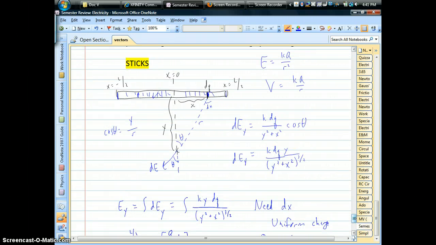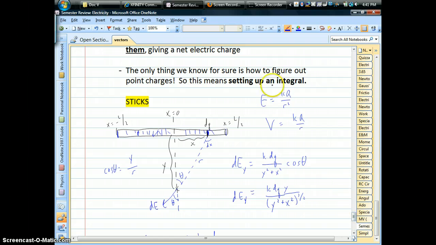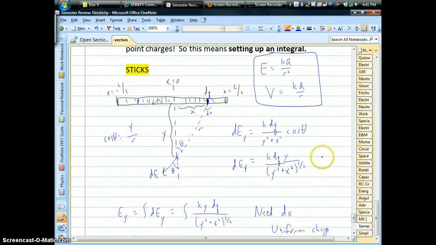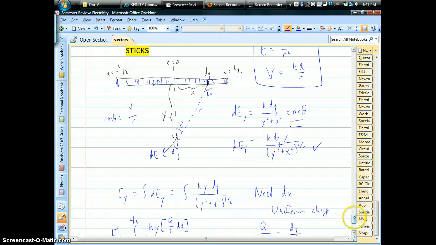It can be tricky trying to set up your own integrals, but fundamentally, don't forget, all we're doing is breaking it up into point charges. That's what we know how to do. Fields are the more complicated ones because we have to find components, so we get a trickier integral than if we're doing voltage.